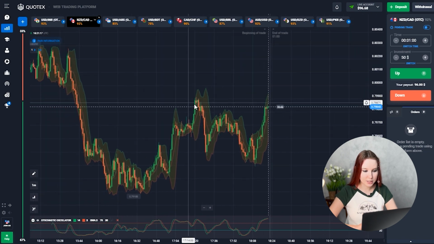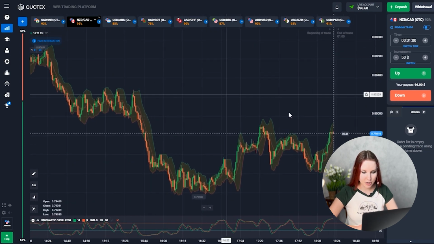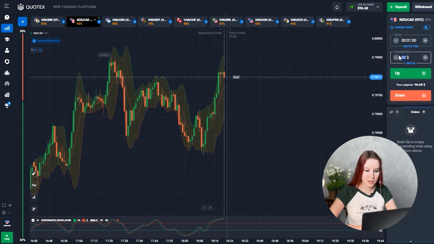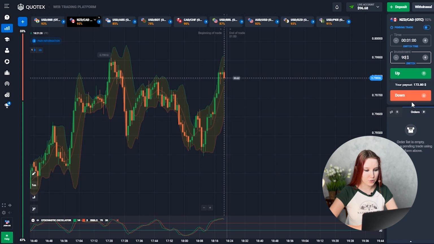And guys, in this currency pair, the general trend here is a downtrend, but look, price is now at the resistance level, so that's why I want to test 90 bucks here. That's my entry deposit, but I'm very confident, so that's why the trade is down. Let's go.